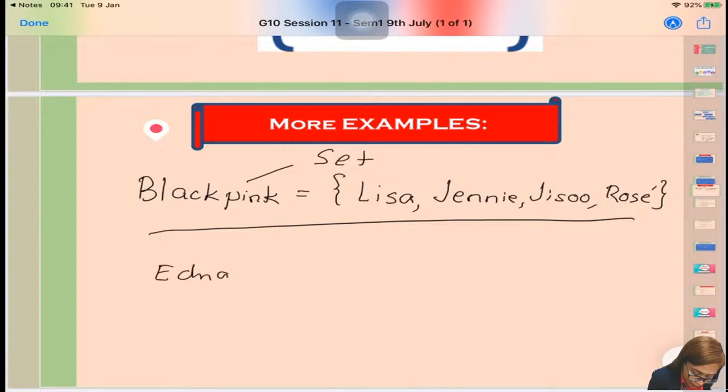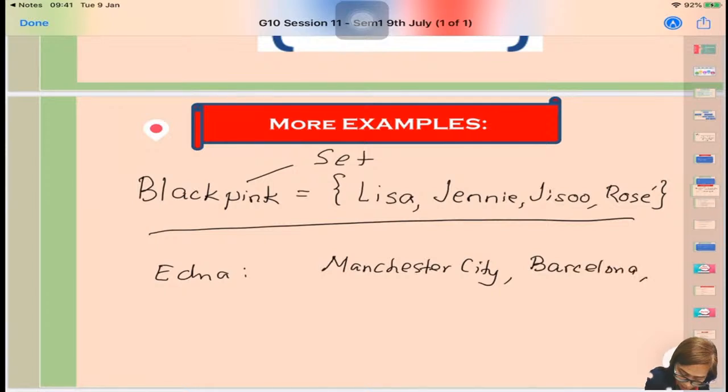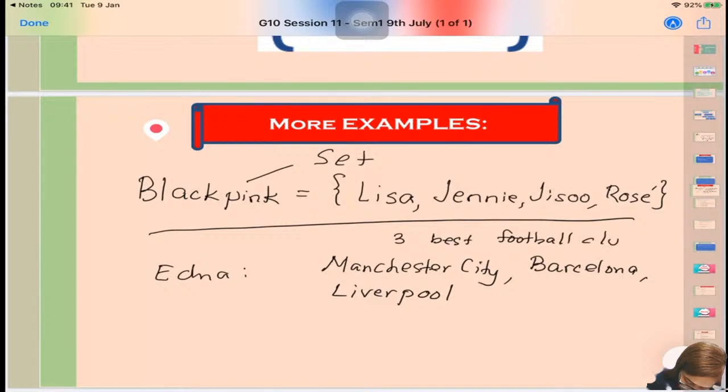My answer would be collection of Manchester City, Barcelona, and Liverpool. Okay, I will write here 3 best football clubs in the world. So I will answer Manchester City, Barcelona, Liverpool.